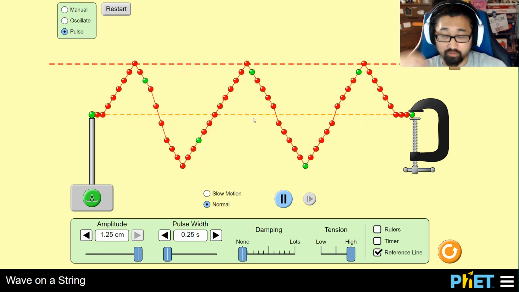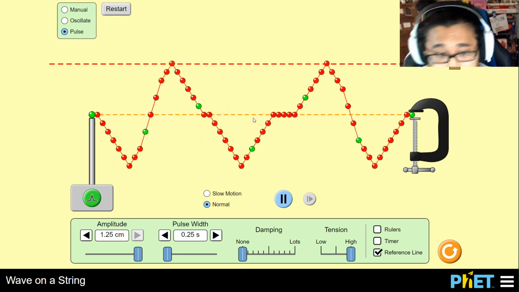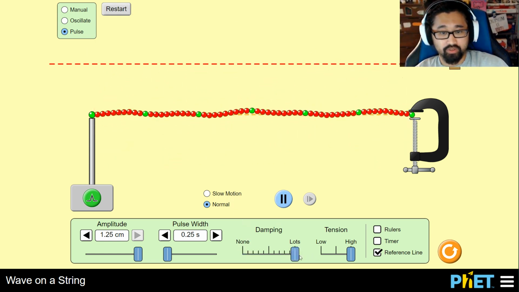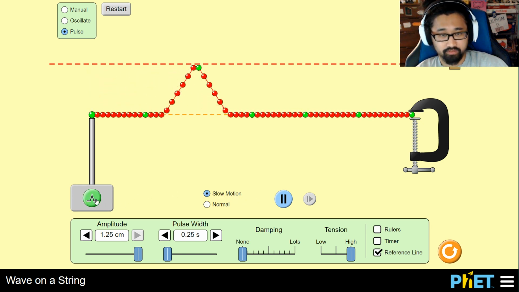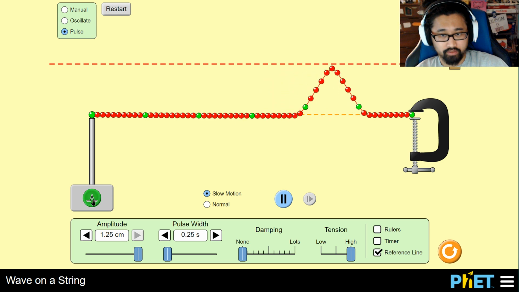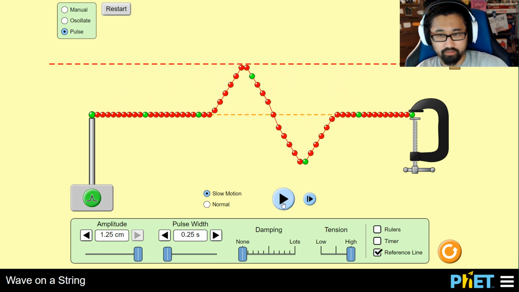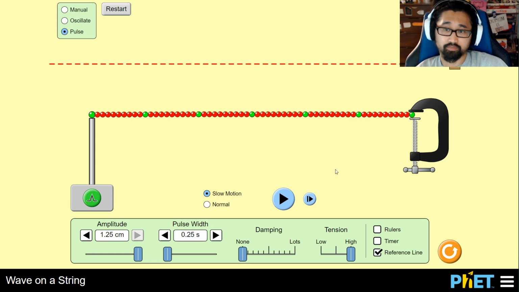The noise canceling technology listens for this and makes this, so that by the time the whole wave gets to your ear, you hear this.